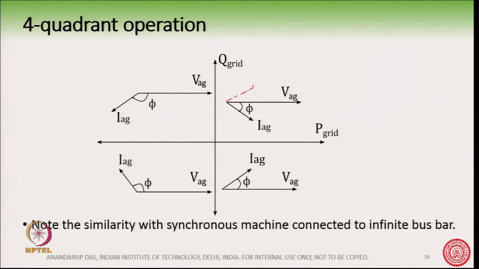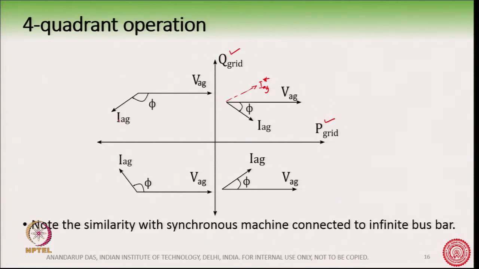So, IAG star here will give you a positive P and positive Q. The convention that we have followed, which is usually adopted, is that the lagging current means positive reactive power. This is the standard convention which people follow, and so with IAG star here, P and Q are positive.